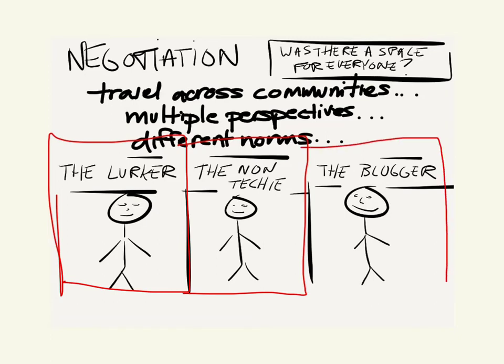And then there's the blogger, someone who's always very motivated or very out there as far as digital spaces. I would consider myself one of these blogger types. So was there a space for everyone in our conversation around connected learning, or did we hover towards one ideal and drop people along the way?